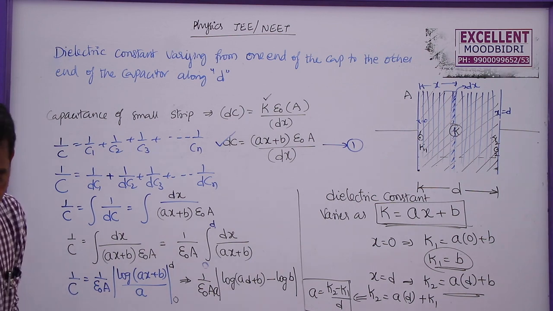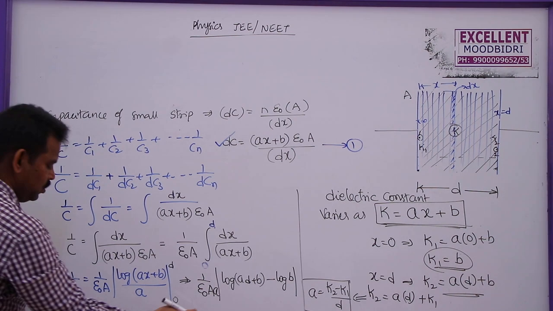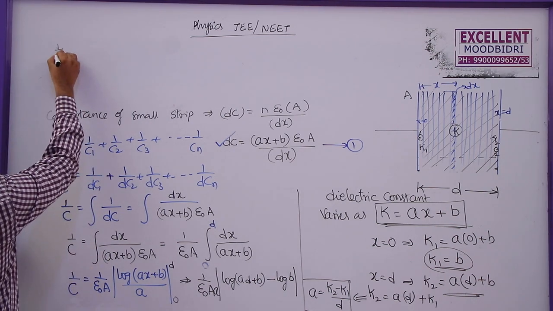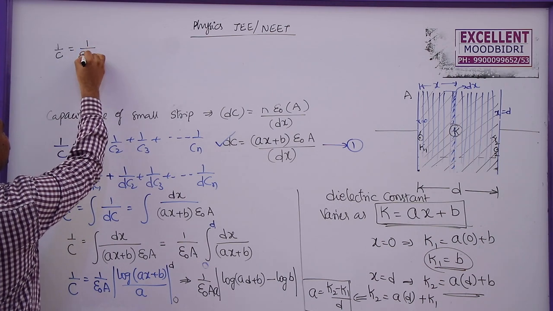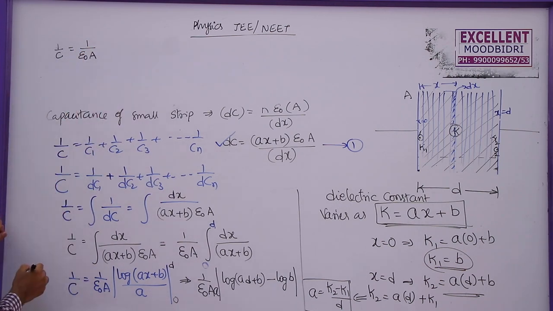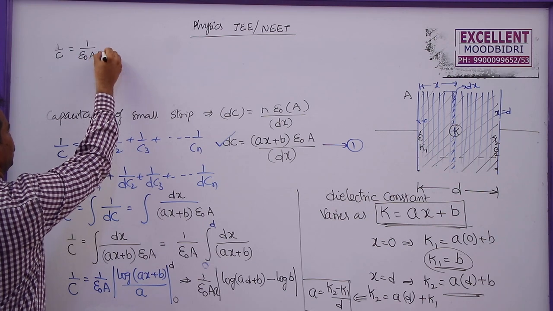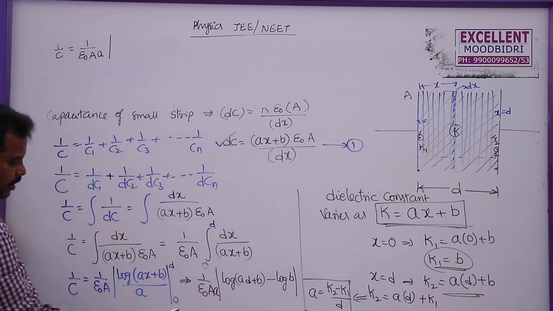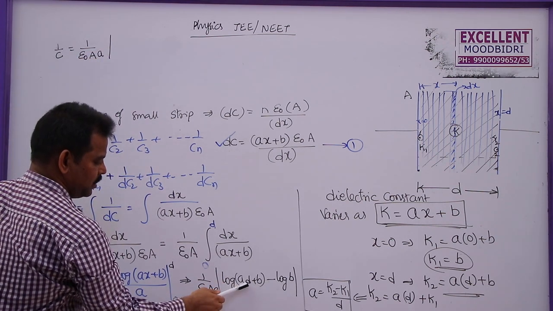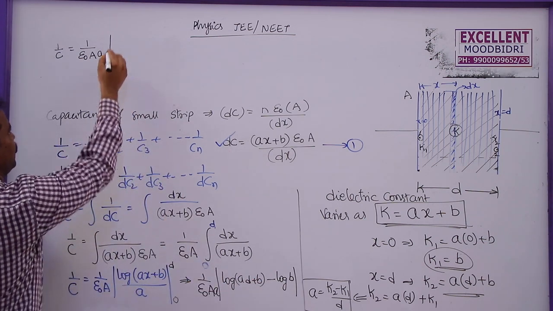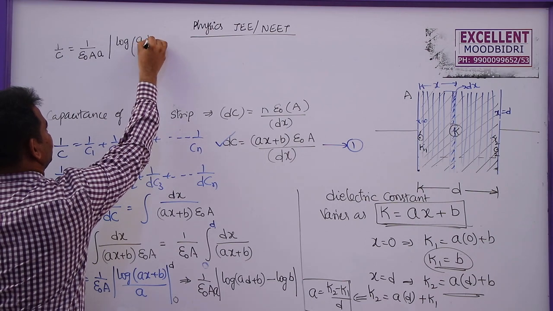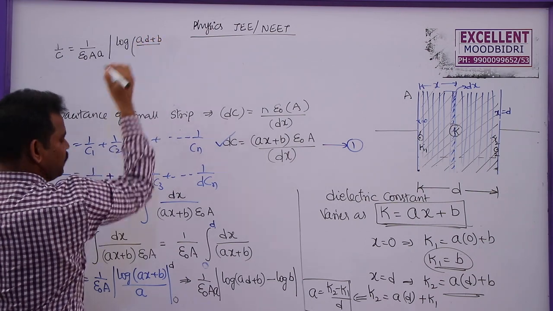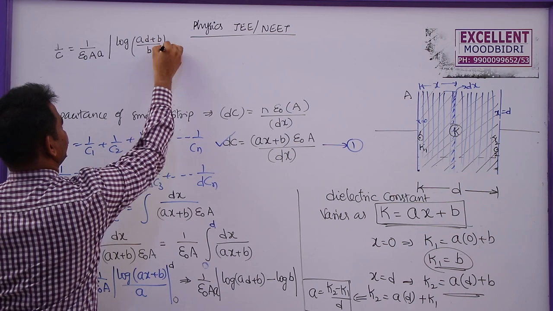So this is the expression. Now 1 by C is equal to 1 by epsilon naught, area of the plate, and small a, into the remaining terms: log a minus log b is log a by b. So we can write log of (ad plus b) by b.